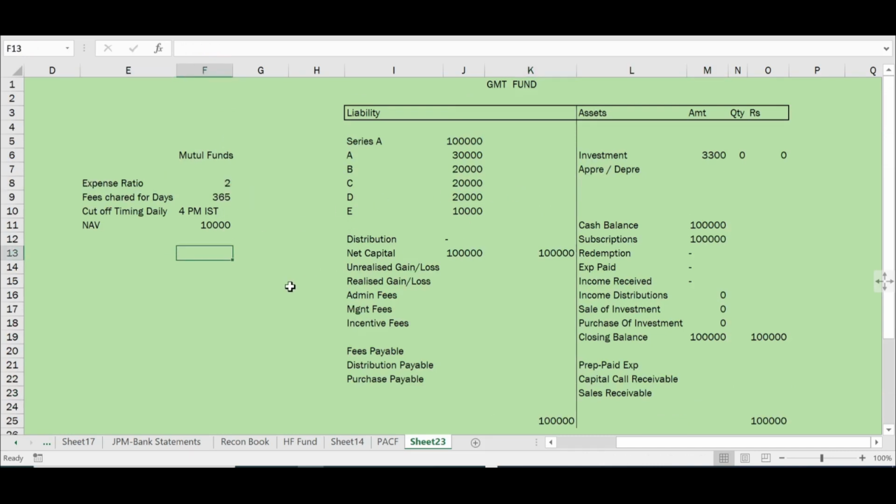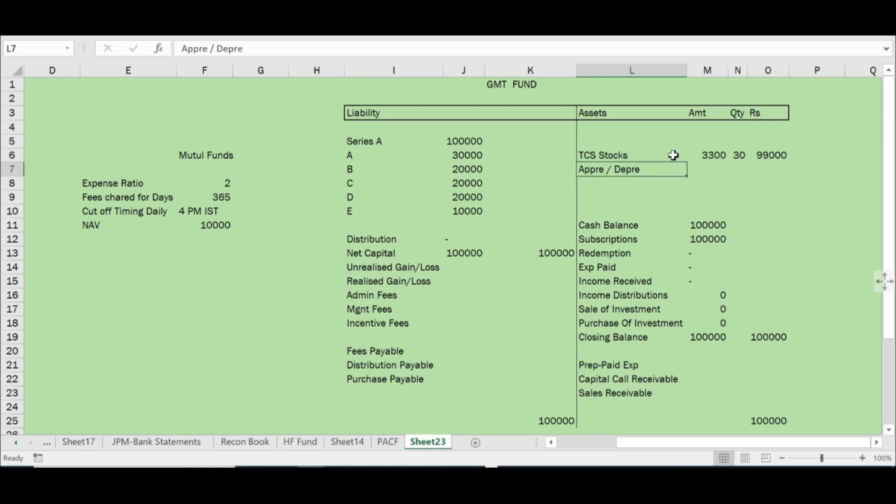Let's say in the morning we have received funds from the investor, and the same funds we have utilized to purchase securities. So the fund manager purchases TCS stocks to invest.